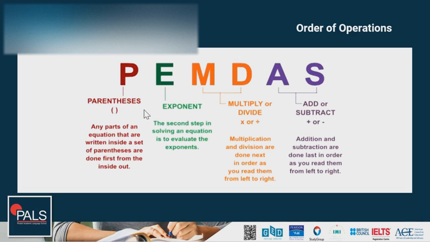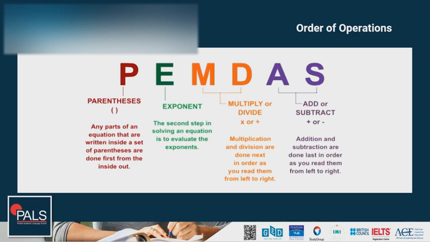The next letter is M, which stands for multiplication, and D stands for division, or multiply or divide. Multiplication and division are done next, in order as you read them from left to right.